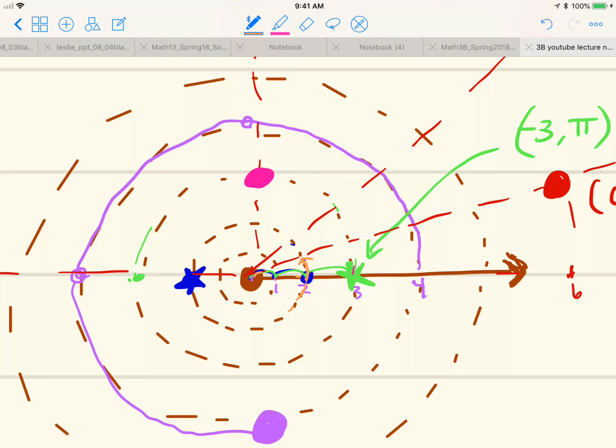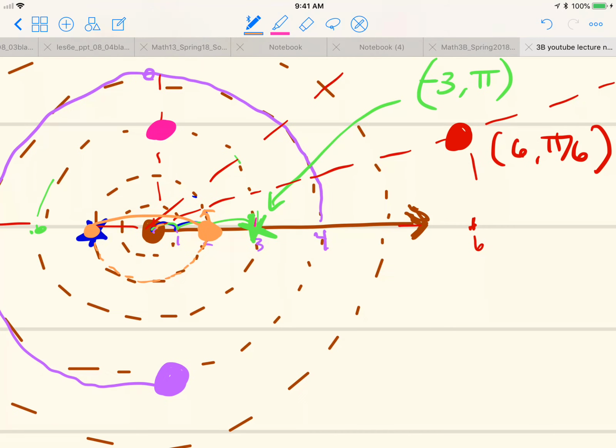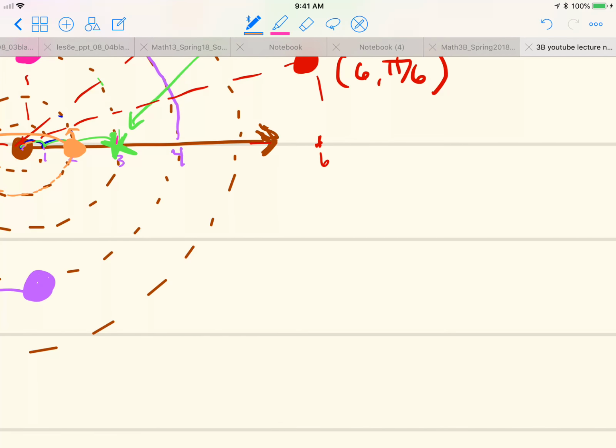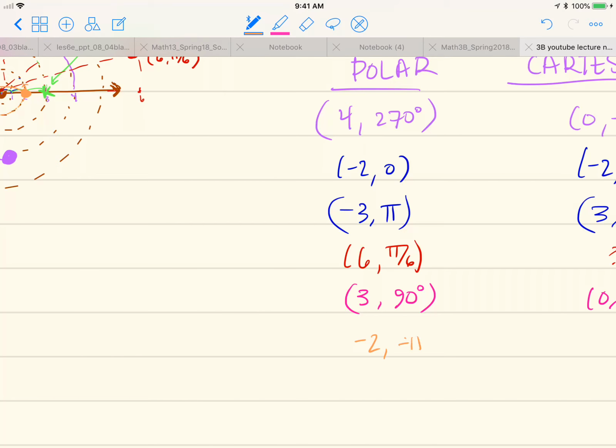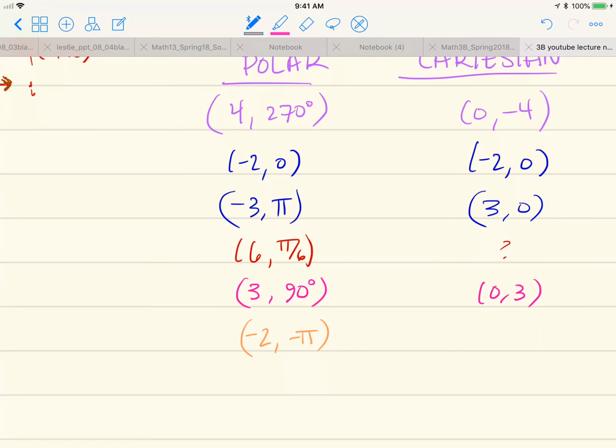So if I go around, I'm going to end up here. So this point right here is 2 comma negative pi, but I need to flip it, right? So I'm going to flip it over here to get negative 2 comma negative pi. So negative 2 comma negative pi is the same thing as 2 comma 0. It is actually in the same location as the Cartesian coordinates 2 comma 0.